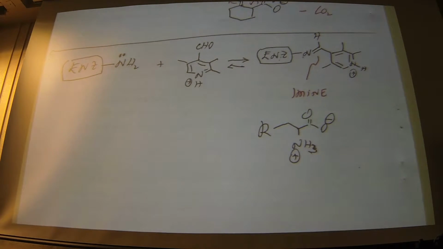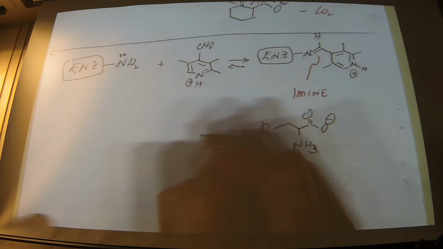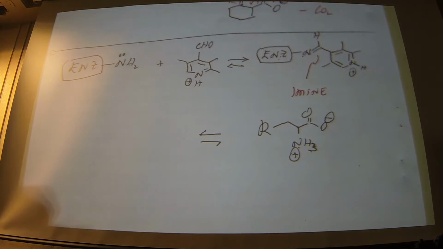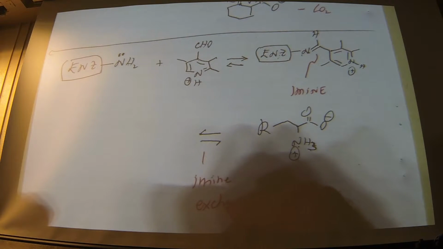Everybody see that? And so you'll end up with an imine exchange. So this nitrogen ends up replacing the enzyme. Now, we'll talk about how this happens in a minute. So this reaction here is going to be known as imine exchange.